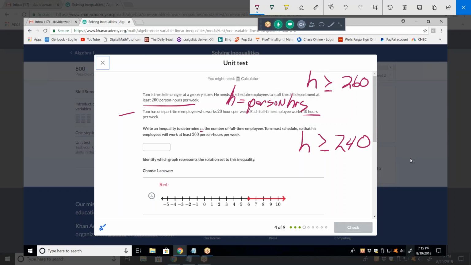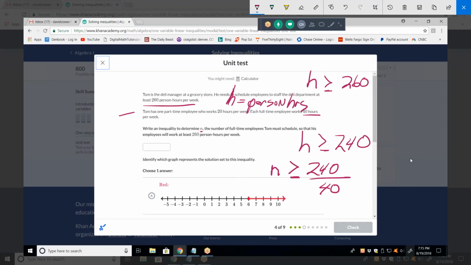So I need, let's see, write an inequality to determine N. So N has to be greater than or equal to 240 divided by 40. Which is, and then identify which graph represents the solution.